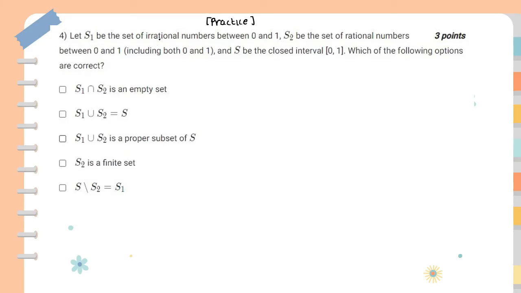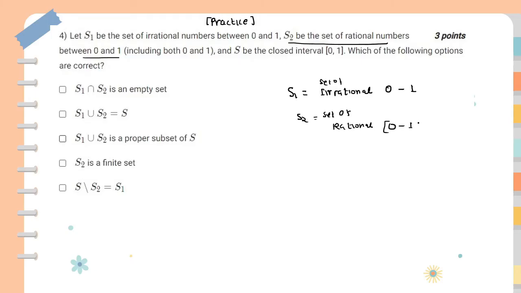So this particular question is, let S1 be the set of irrational numbers between 0 and 1, and S2 be the set of rational numbers between 0 and 1.